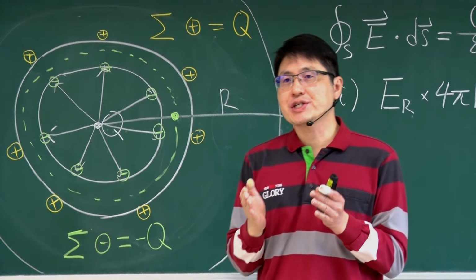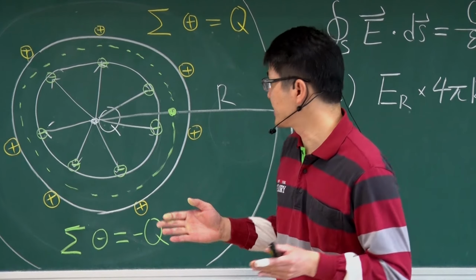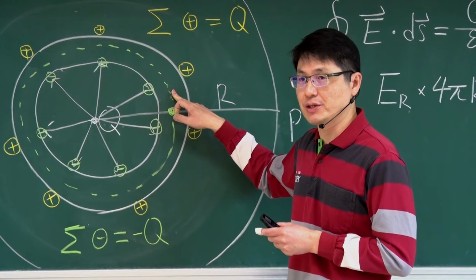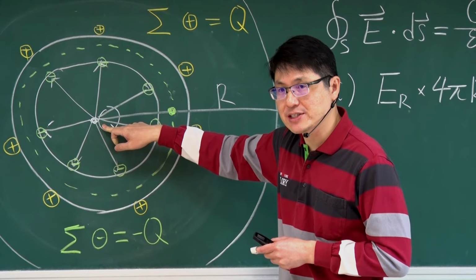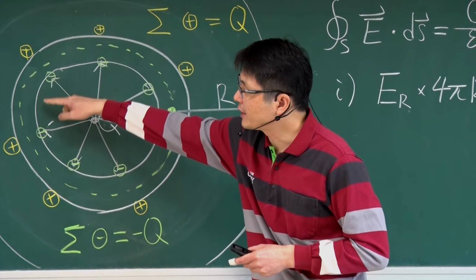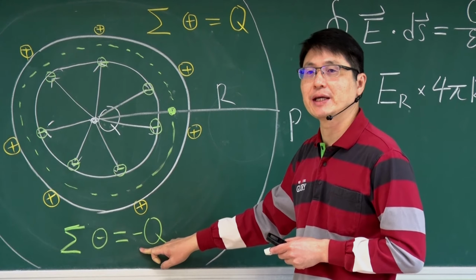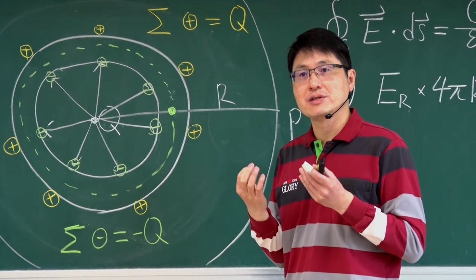Then the question is, how much charge is being encompassed by this closed surface? You have the initial charge at the center, and you included all these induced negative charges, which adds up to negative Q. So Q minus Q is 0.